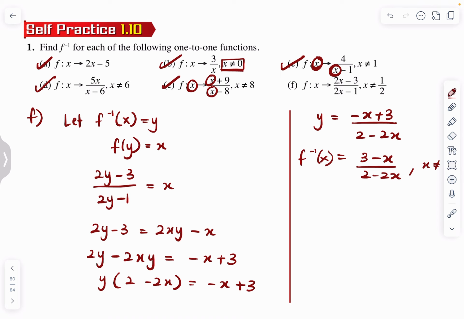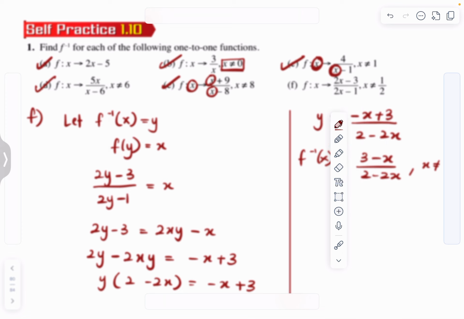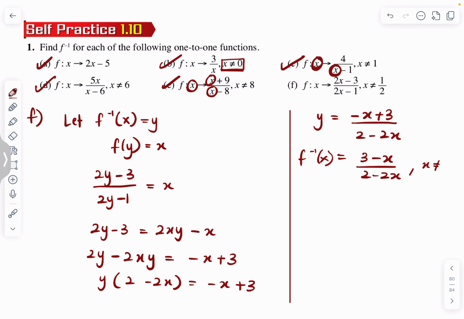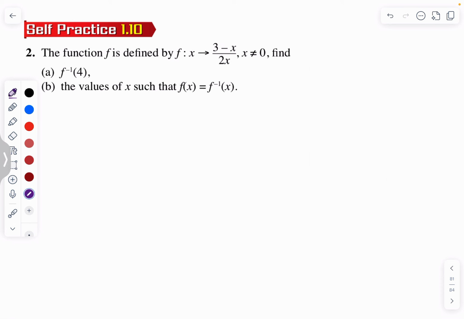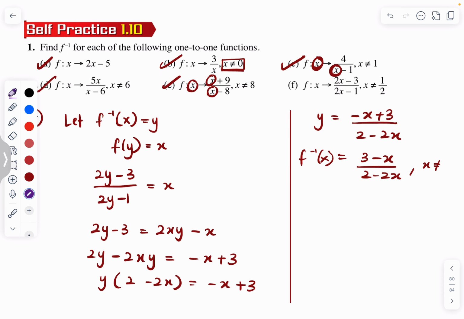Now we need to find what x cannot be. What you can do is take a small part of a rough paper and try to make the denominator 0. So 2 minus 2x cannot be 0, right? So negative 2x cannot be negative 2. Positive 2 we bring there, become negative 2. Making x the subject, negative 2 over negative 2, we get 1.